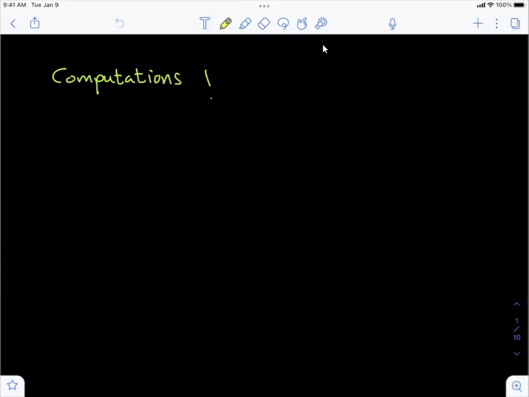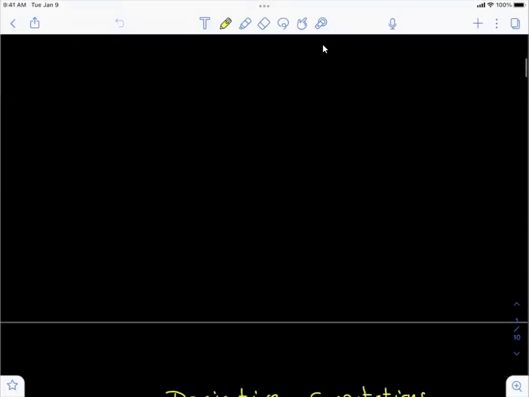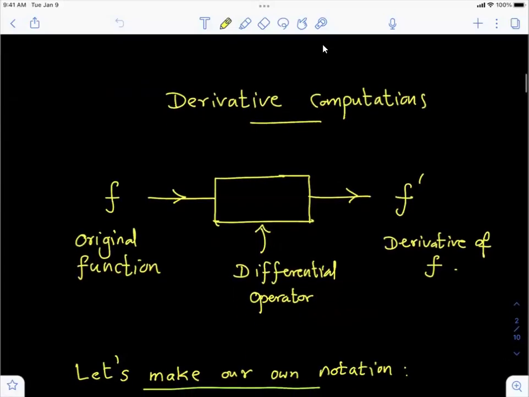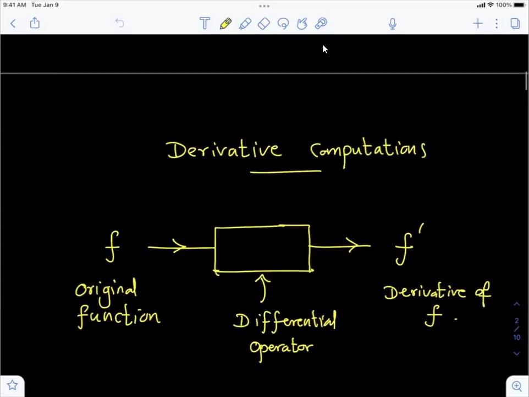So for that case, now we need to come up with an easier way of preparing derivative computations. That's exactly the plan in this. So first of all, derivative computations.